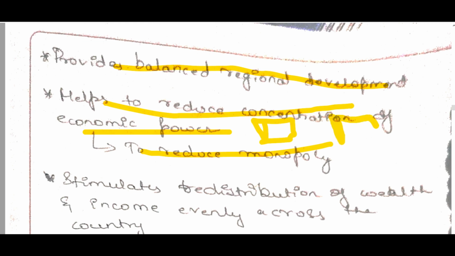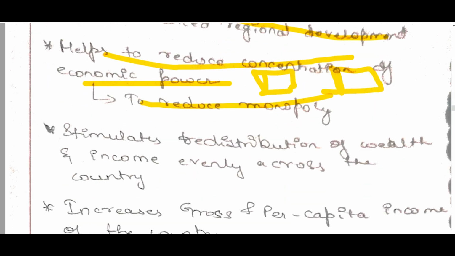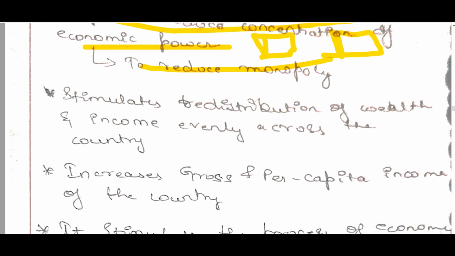After Jio came, the price reduced and the monopoly of Airtel was destroyed in India. So it helps to reduce economic power. Economic power is power held by only one company. Stimulates distribution of wealth evenly across the country. When the industry grows, the income of individual persons grows.